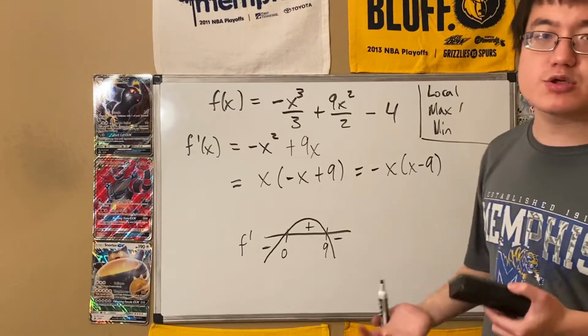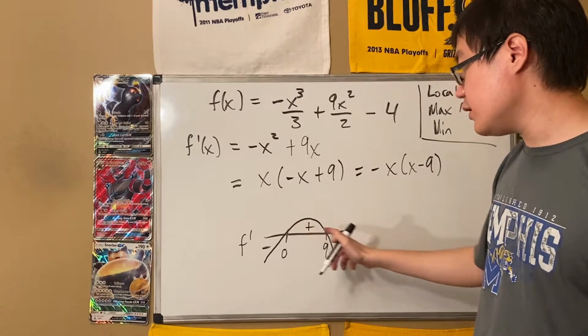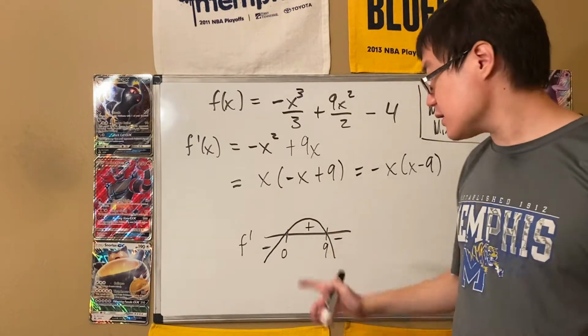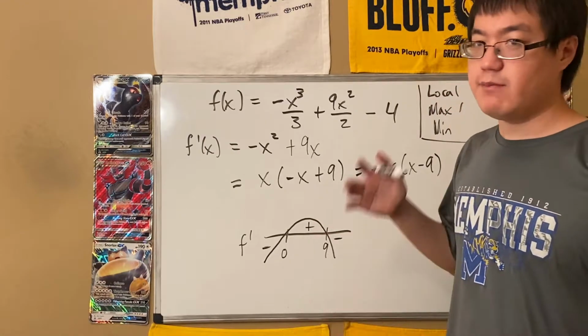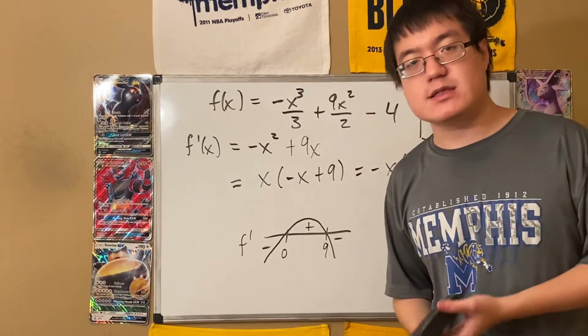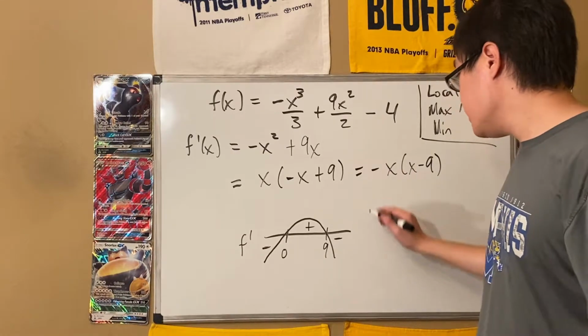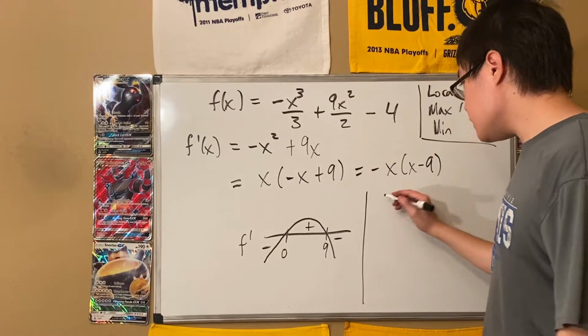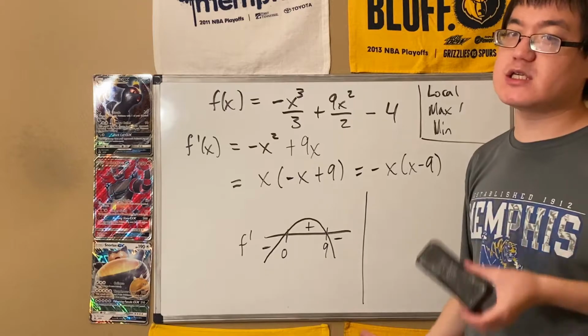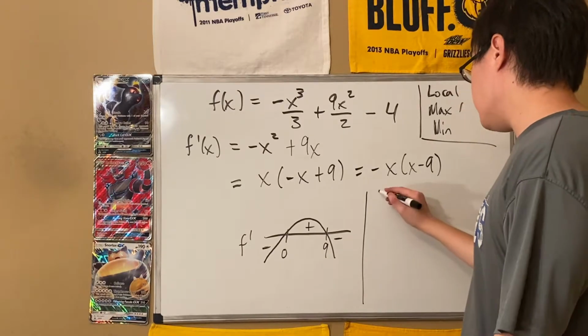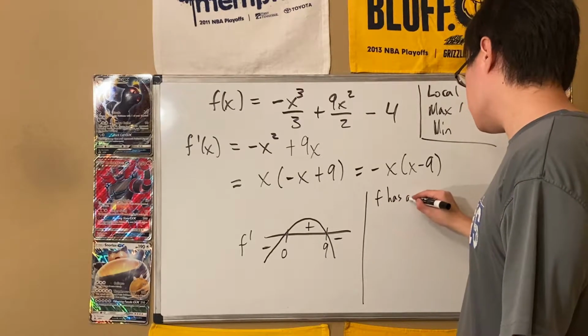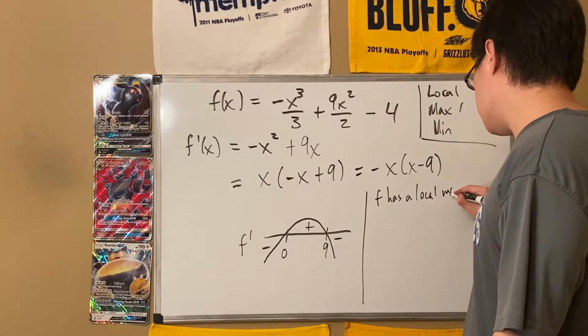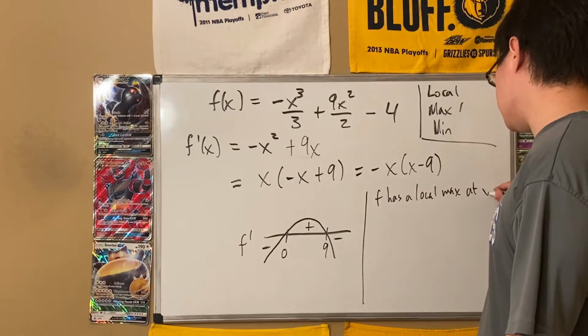So if we were to draw the graph of f, at this point and at this point, it would be a relative min or max. At this point, it would be neither of them. But again, we don't draw the graph of f because it's a little bit difficult and we're not artists. So we're ready for the answer. I like to write the question and the justification before I even do it. So f has a local max, we'll leave some space and write x is equal to something.